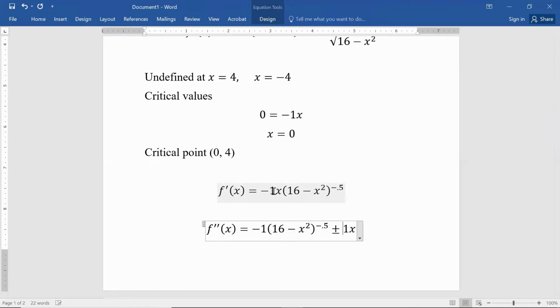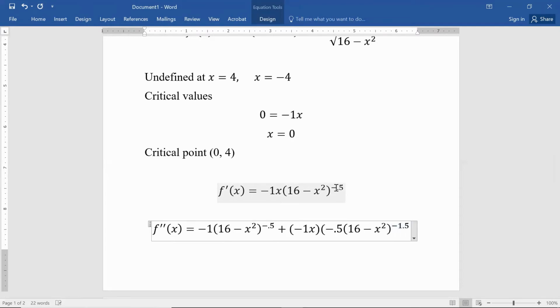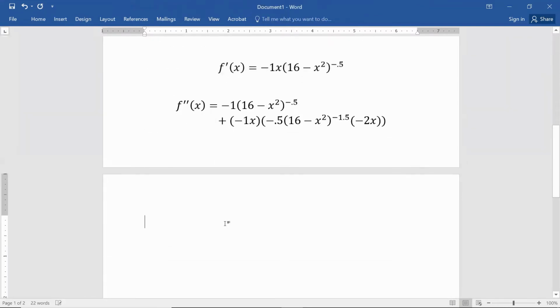times derivative of the second portion. Now, derivative of the second portion is negative 0.5, 16 minus x squared to the, so that's negative 1.5. And then I'd multiply that whole thing times the derivative of the inside function, which is negative 2x. I'm going to clean this up a little bit.